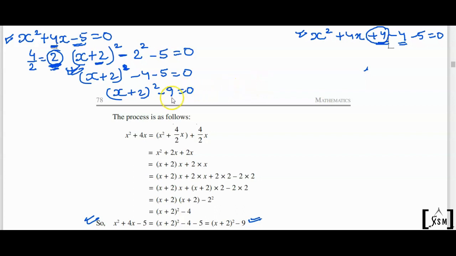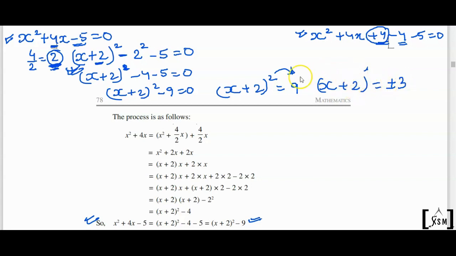Because you have to solve for x, you bring minus 9 to the other side. So x plus 2 whole square equals 9, and then you take the square root. So we get x plus 2 equal to square root of 9, which is plus minus 3. That is very important guys, it will not be only 3, it would be plus minus 3.